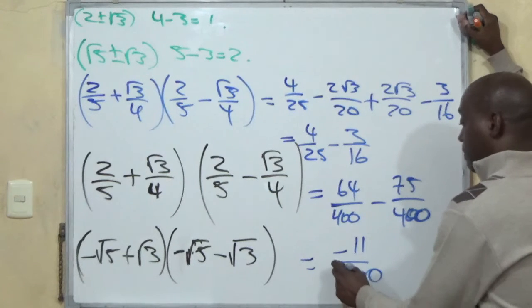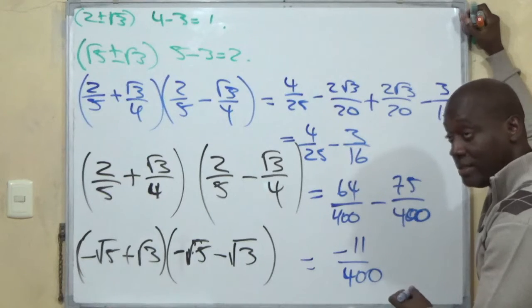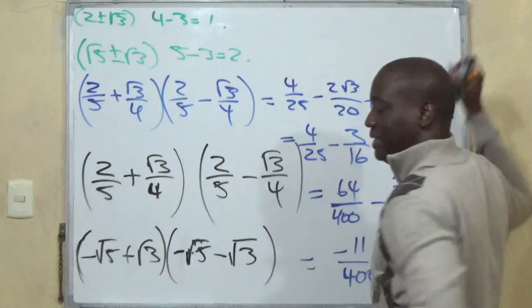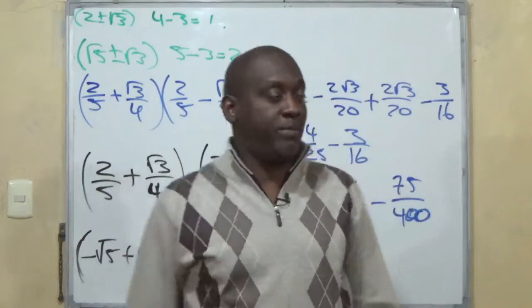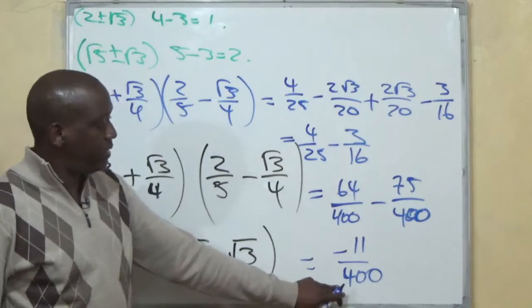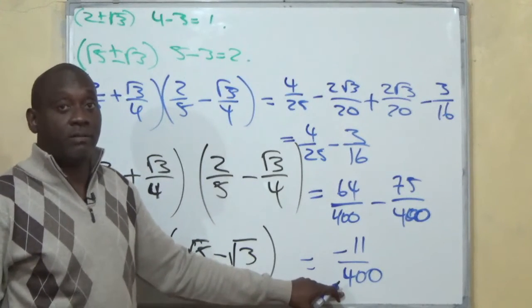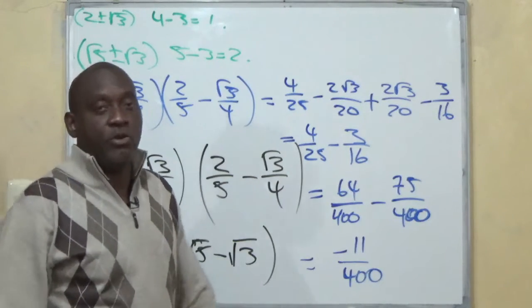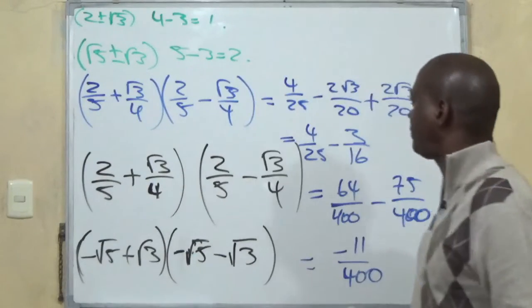So, rational. In this case, it is not an integer because we didn't start off with integers. We started off with fractions. So it stands to reason that when you do your maths, you will get a fraction. But this is also a rational number. Minus 11 over 400, that is rational, as in ratio. We discussed that in a previous video too.